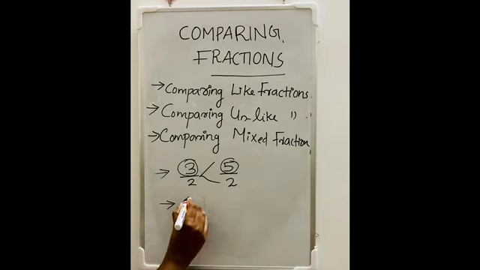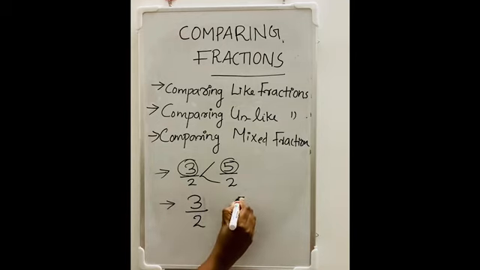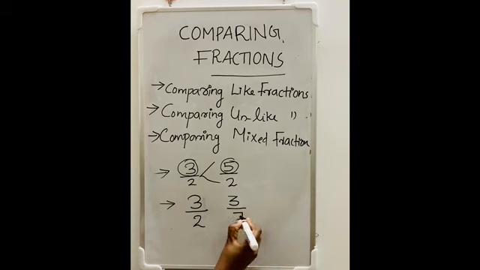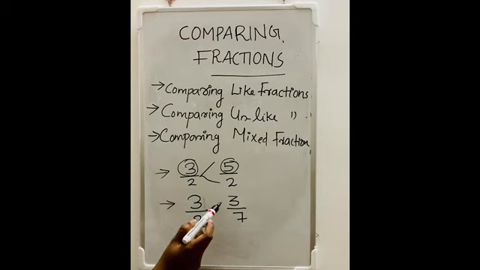For example, 3 by 2 and 3 by 7. In this case, you can see the numerators are the same.